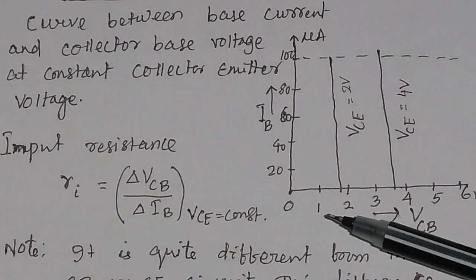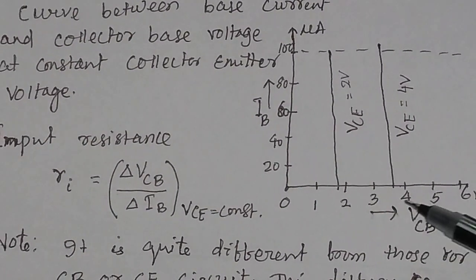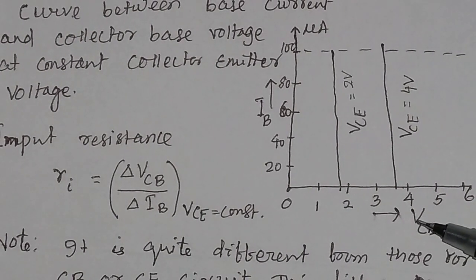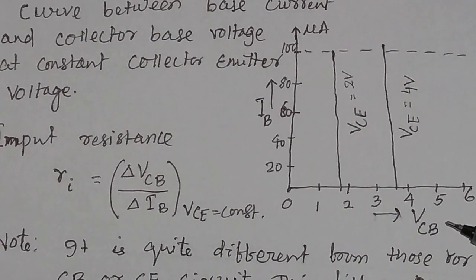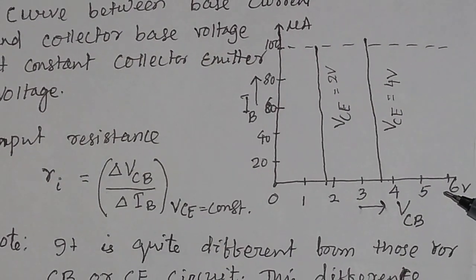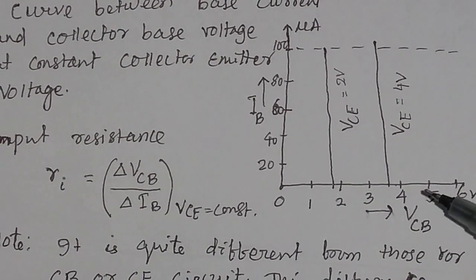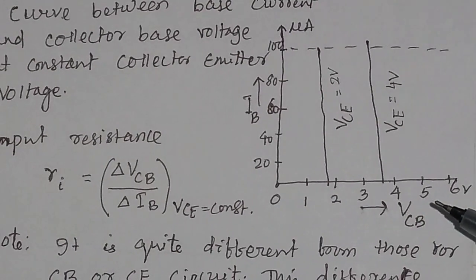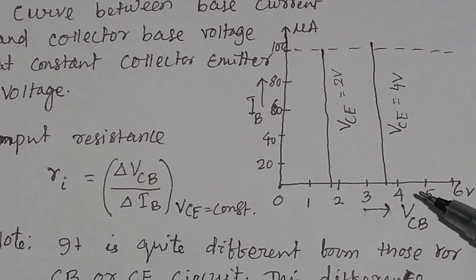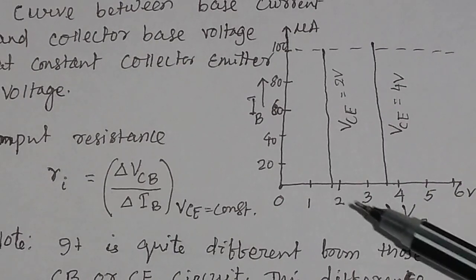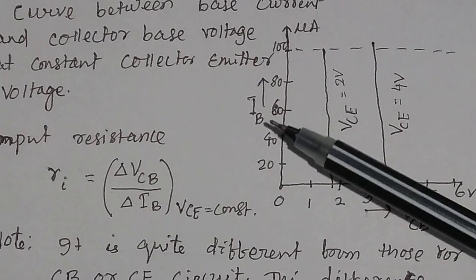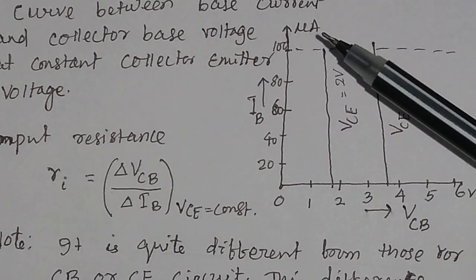You see, if you plot the graph in case of common collector connection, I have taken here input potential of the order of volt: 1, 2, 3, 4, 5, 6 volt, like this, and the base current is of the order of microampere.